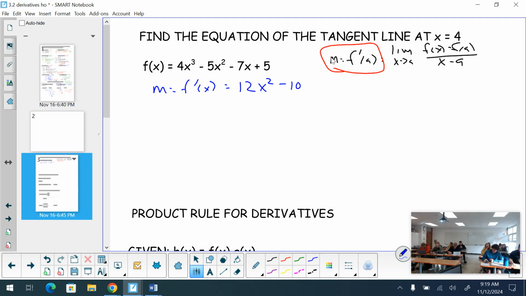Minus 10x minus 7. Okay? 0. Well, 0, because I take the derivative of the constant, that goes bye-bye. Well, this gives me the function of my derivative. So to find my slope, I can find the value of my derivative at the value of 4.